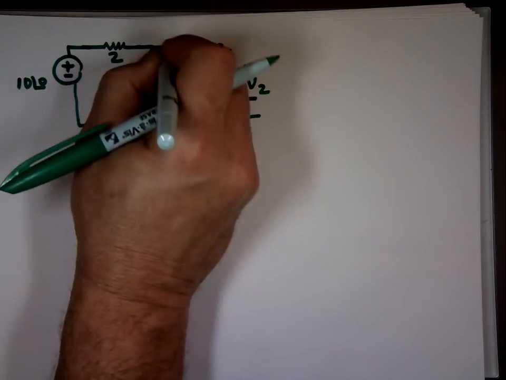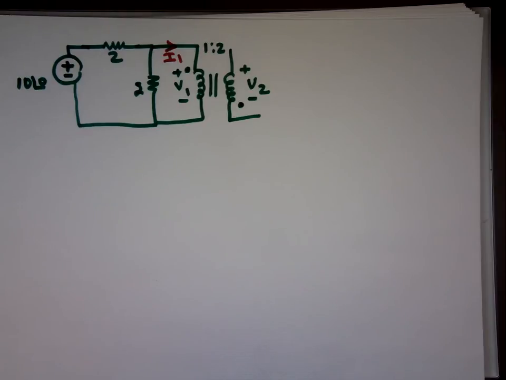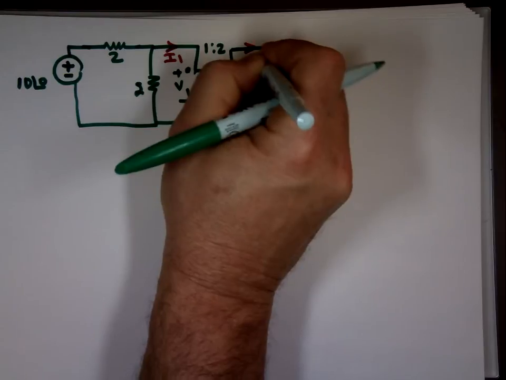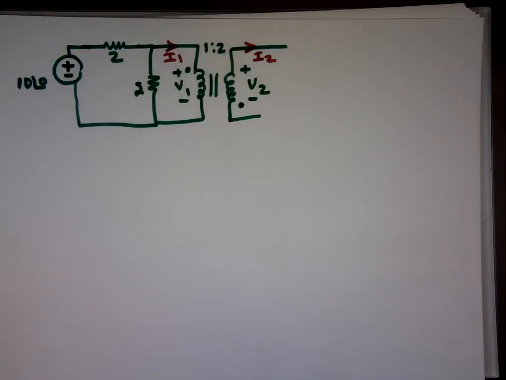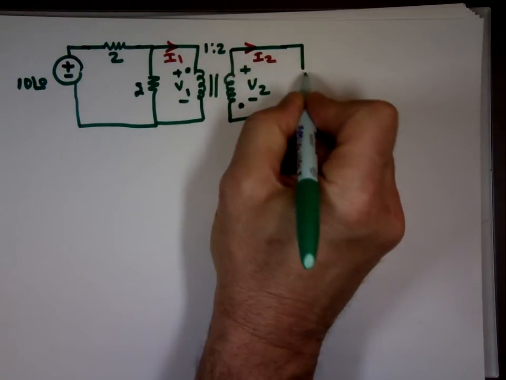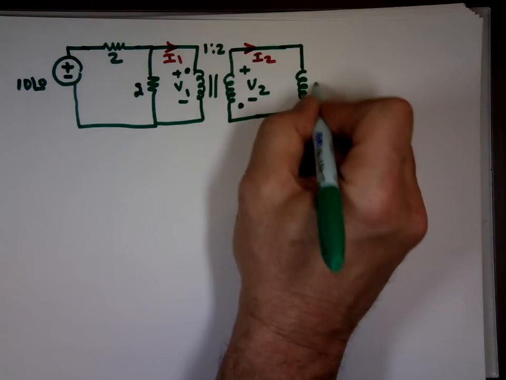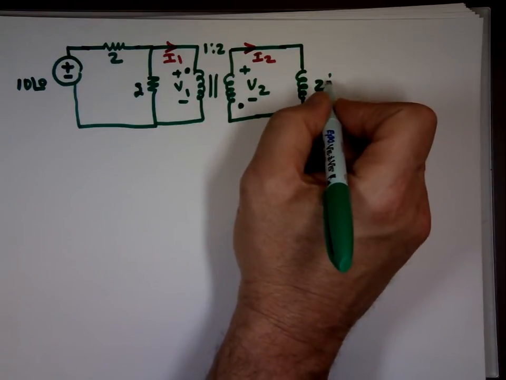This is I sub 1 going in. I can't tell if I sub 2 is going in or coming out the way they define it. I think it's going out of the positive. Yeah, I sub 2. And this is 2j. And we have one more thing, and that's 2 ohms up there.